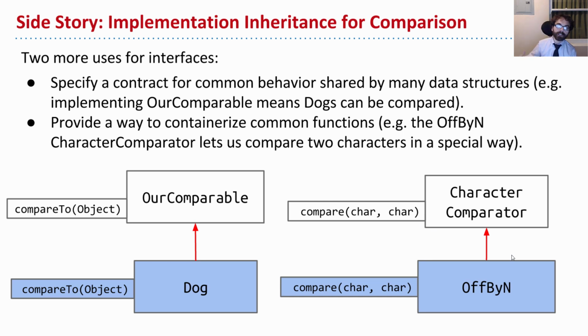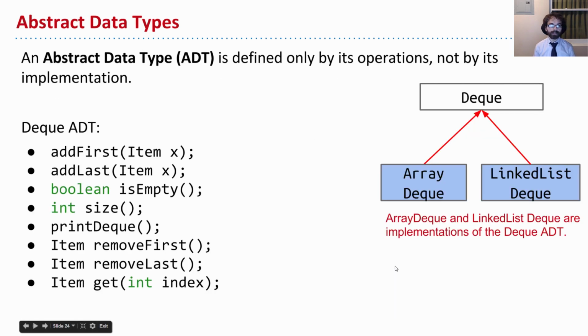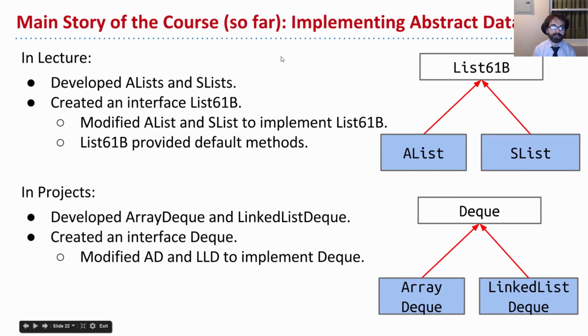Now in Java 8, there are things like lambdas that you might know from Python. You can bind functions to variables, but we're not really going to talk about it in our class, though I will have some optional slides and an optional lecture if you do want to learn about that, but it won't be one of the core pieces of the course. So in this way, we can use interfaces to containerize functions, a place that you could pass around a function. But back to that big story, the main story.